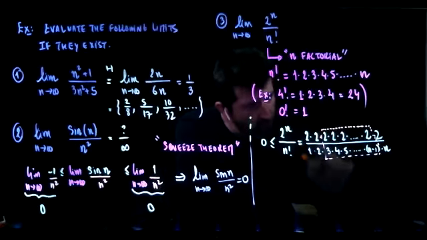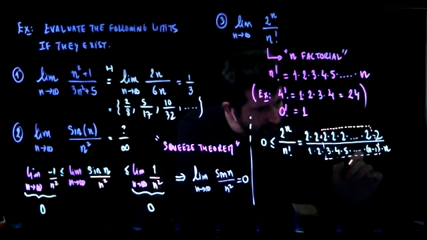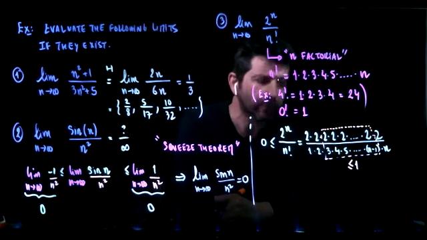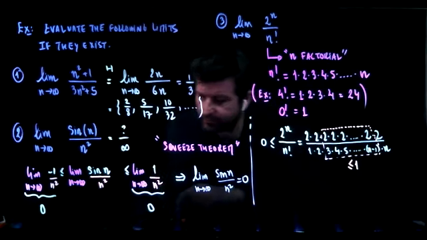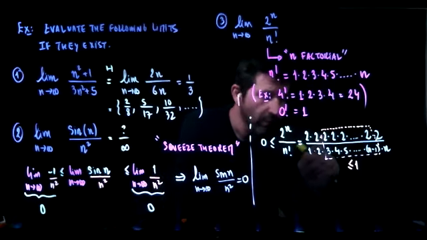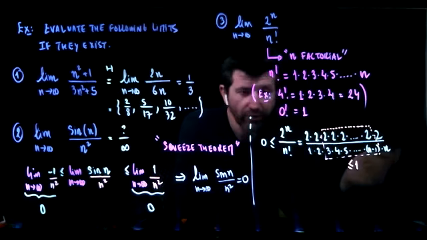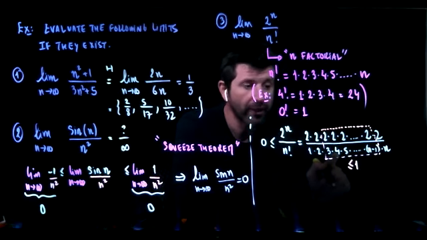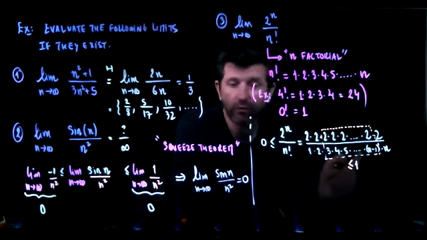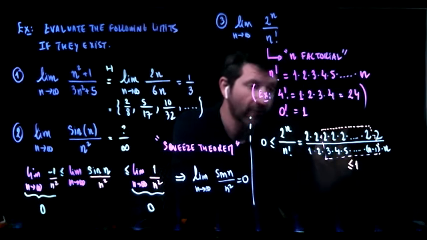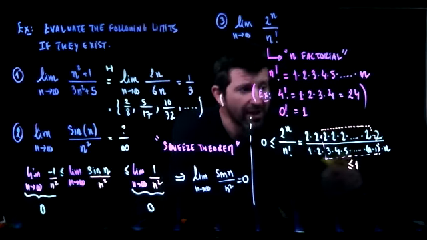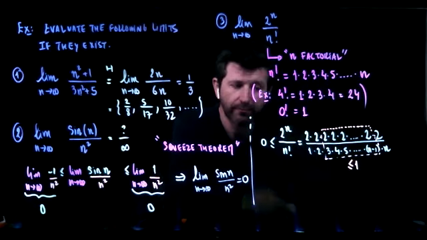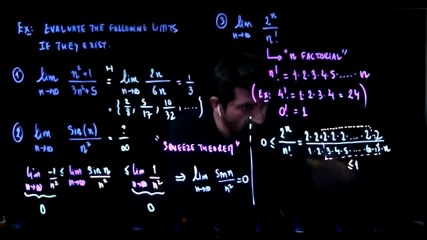So this whole orange term here is definitely less than or equal to 1. Guaranteed. I'm multiplying fractions that are smaller than 1. So if I multiply 2/3 by 2/4, I get 4 over 12, which is still smaller than 1. And if I multiply by 2/5, even smaller, even smaller. So this product is less than 1.